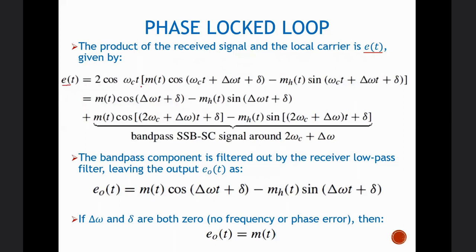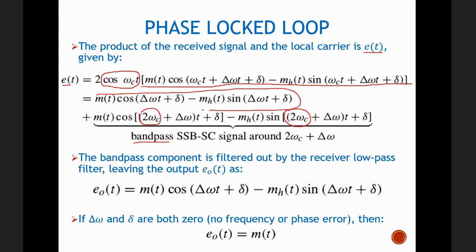We have the single sideband signal, and this is the local oscillator that we have multiplied with it. After rearranging, we can see that we will have terms at 2 omega_c. These terms are simply bandpass filtered, so we are left with these two terms.